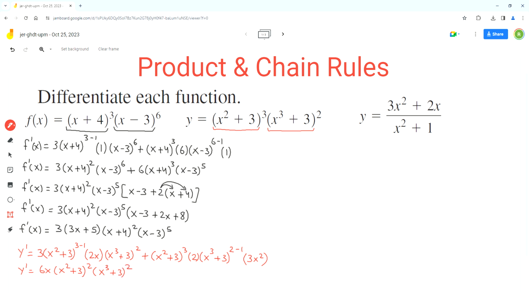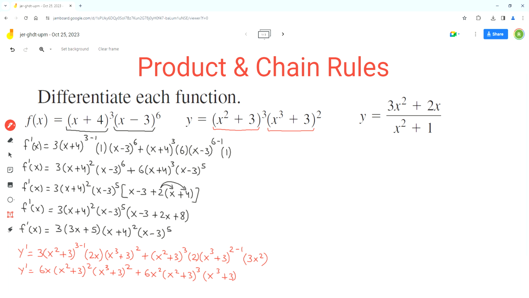Now in the second part we can multiply 2 and 3x squared, so we get plus 6x squared, and then (x squared plus 3) cubed, and then (x cubed plus 3), and here the exponent is just 1, so we don't have to write that exponent.